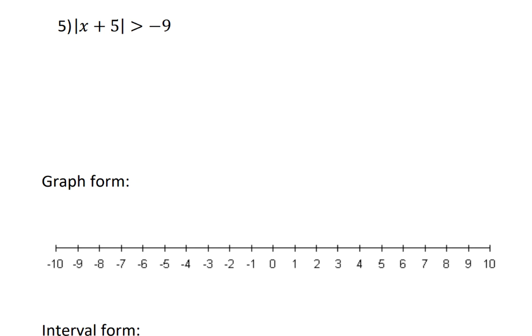So that's possible, and we should work this out, but check our solutions. Okay, so we are going to take this out of the absolute value symbols, and we have x plus 5 is greater than negative 9.